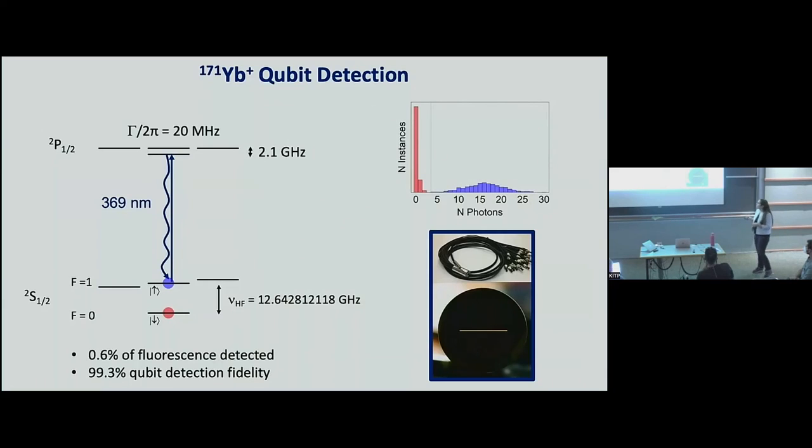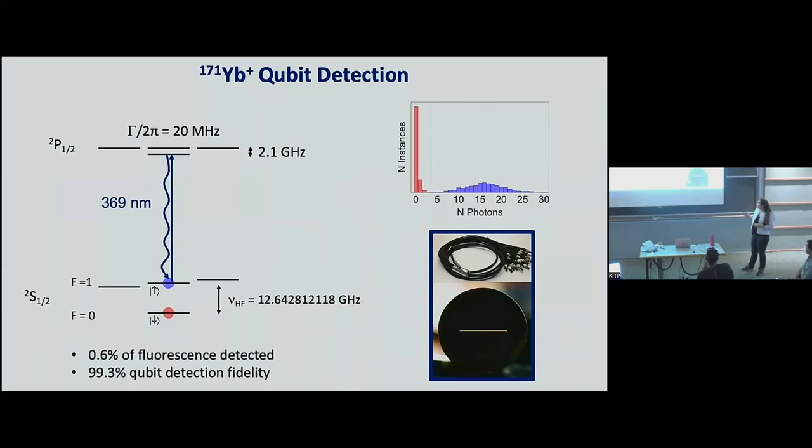So I mentioned briefly already, our qubit detection is done with this 369 nanometer transition. So we shine in the laser light and collect the fluorescence, and we can threshold: if we see photons, we're in the 1 state, and no photons, we're in 0. So we can do this with very high fidelity with even a small amount of the fluorescence detected.